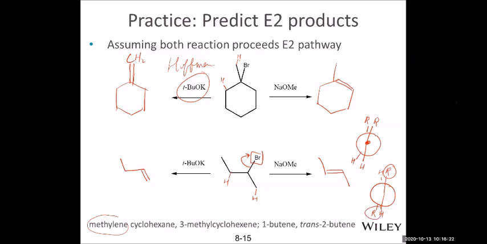Trans is more stable, like we've seen before. So that's the E2 product that goes with the Hoffmann, Zaitsev, and cis and trans, the preference for trans in the final product. Those are the cases when there are multiple beta hydrogens available, which beta hydrogens are being removed.